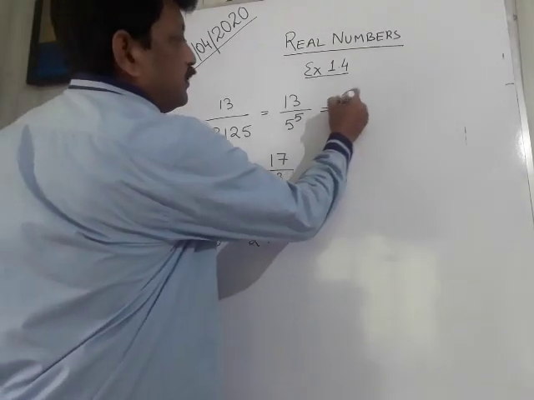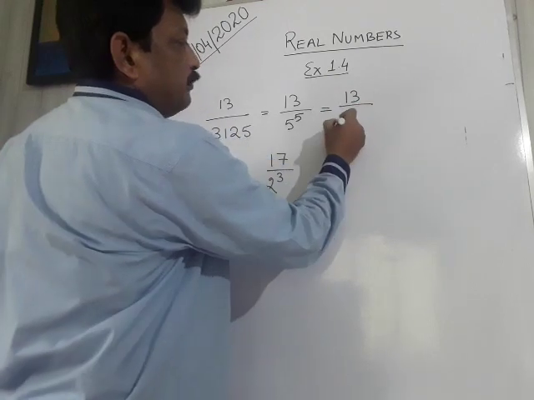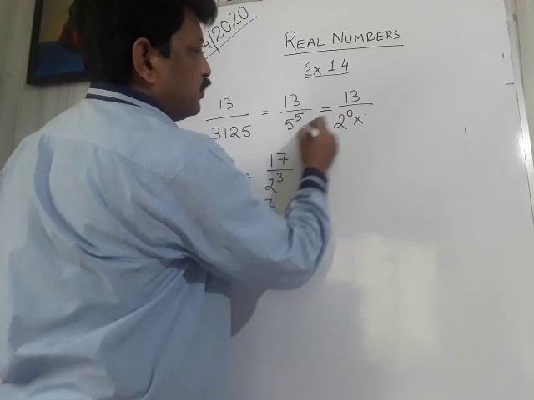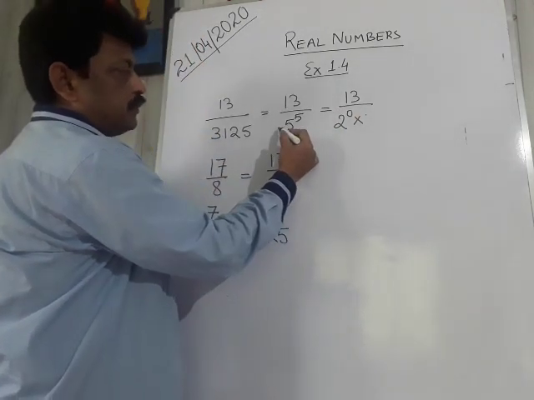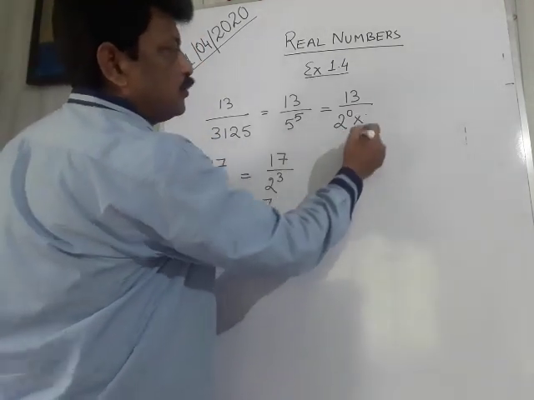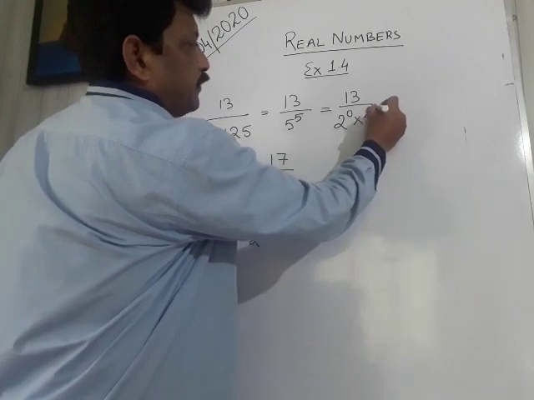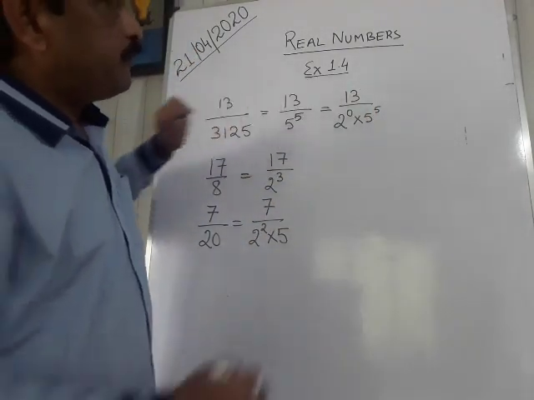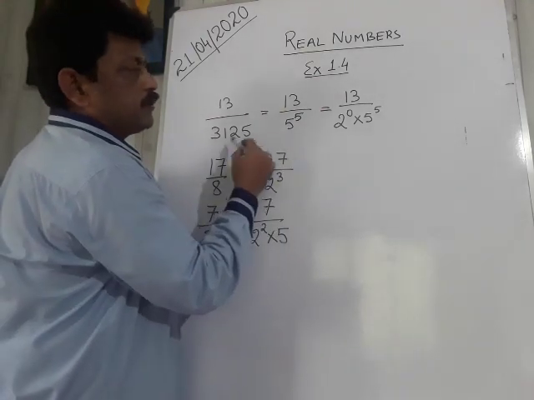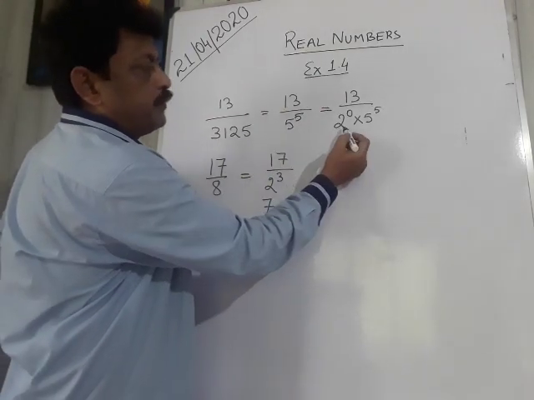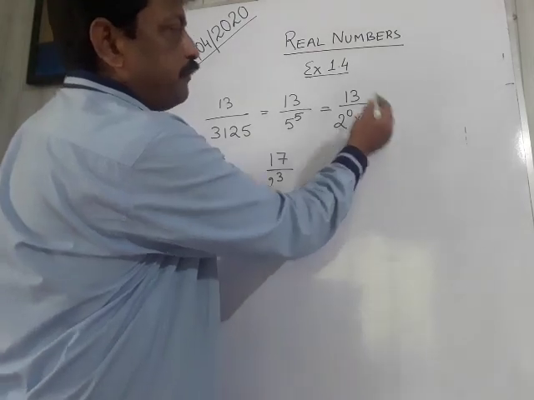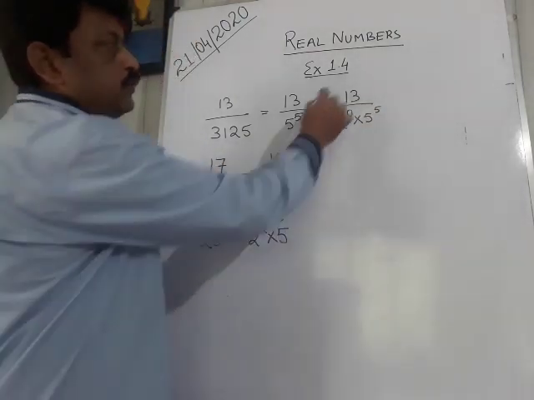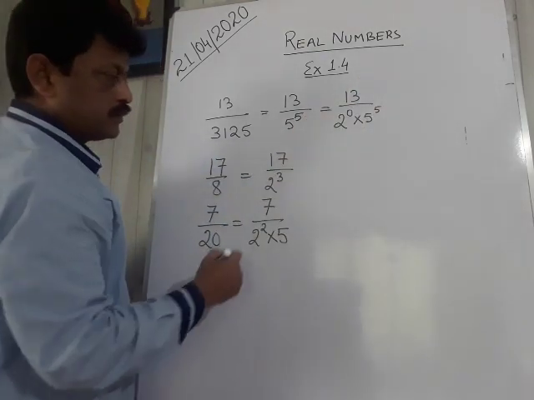So here the given number can be written in the form 2 to the power 0, because the prime factor 2 is not present here, so I am writing 2 to the power 0 and 5 to the power 5. Now according to the definition of terminating decimal, the prime factor in the denominator is in the form of 2 to the power n into 5 to the power m, where this 0 and 5 are non-negative integers, so we can say it will have terminating decimal.